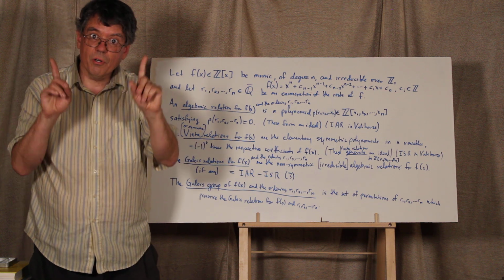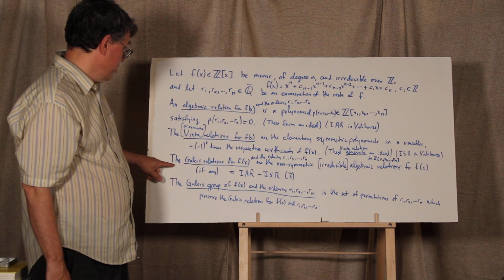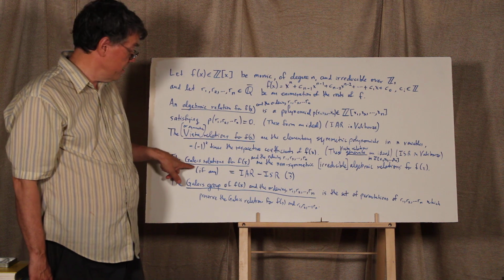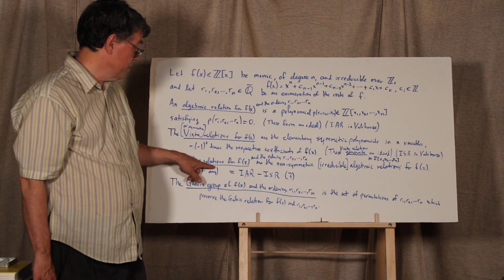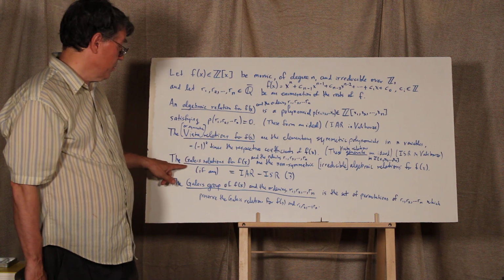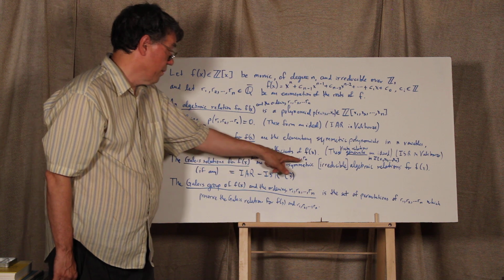Where we get to the interesting part of Galois theory is that we find that for some polynomials, there are additional algebraic relations. I'm calling them the Galois relations. Again, this is my terminology. I haven't actually seen this in the literature. But we have an additional set of algebraic relations, I'm calling the Galois relations, for f of x and the ordering of roots.